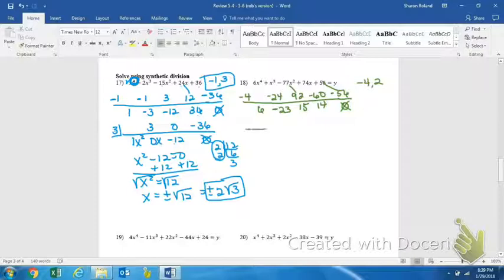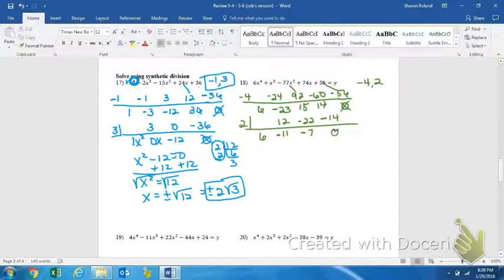And so then we're going to plug in 2. Bring the 6 down. 2 times 6 is 12. Combine these to get -11. 2 times -11 is -22. Combine these to get -7. 2 times -7 is -14.